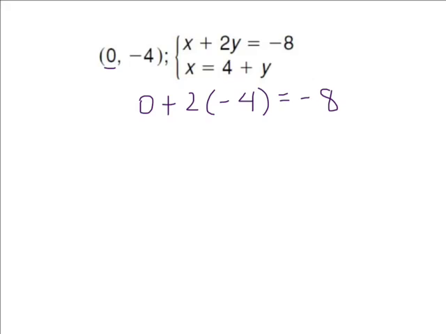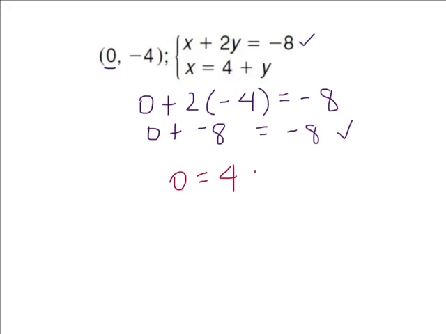Let's see here. What's 2 times -4? That's -8. -8 plus 0 is -8. That checks out, so that one's good for that equation. Got to test it out for the other equation. Everywhere I see an x, it becomes a 0.